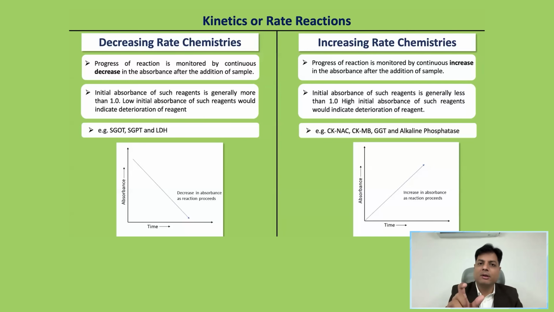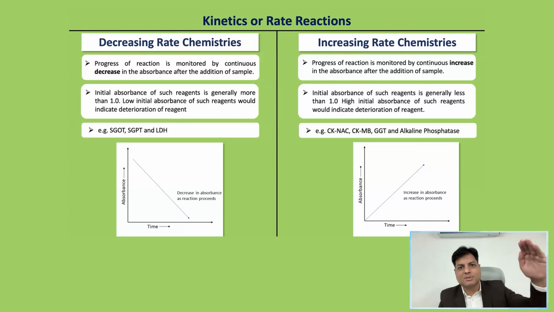Therefore, this particular reaction is measured only in the read time. They are not measured in delay time. Naturally, OD number 1 will be more than OD number 2, because the substrate present while measuring the first OD was higher and the substrate present while measuring the second OD was slightly lower.